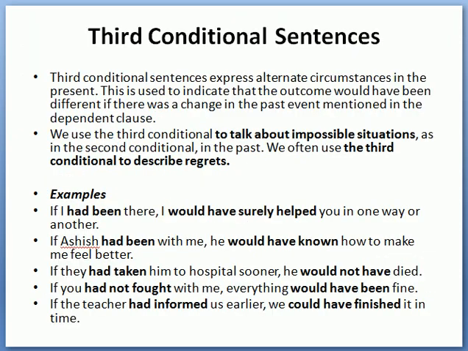In the previous examples too, we see that if you had not fought with me, use of the past perfect in the if clause, everything would have been fine. So would plus have plus been fine, because this is the passive construction. If the teacher had informed us earlier, this is the past perfect, we could have finished it in time.